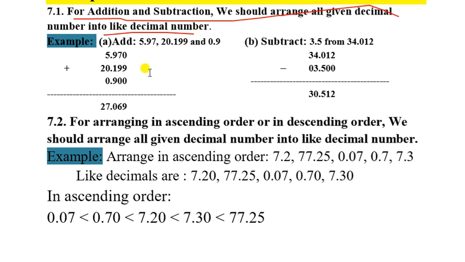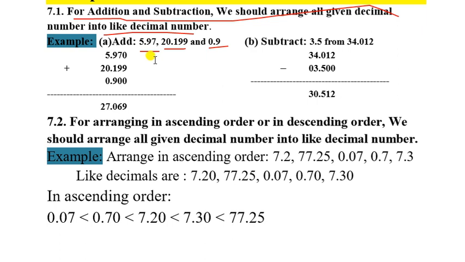See, it is given 5.97, 20.199 and 0.9. And remember one thing, after the decimal we have to read all the digits individually, like 5.97. You cannot say 'five point ninety-seven'. It will be wrong. So you have to say 'five point nine seven', 'twenty point one nine nine', then 'zero point nine'.